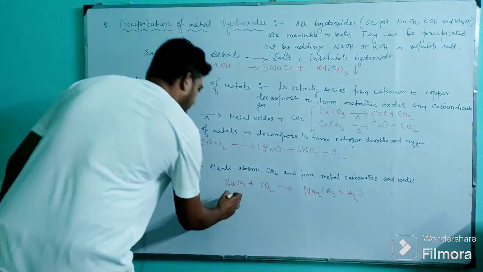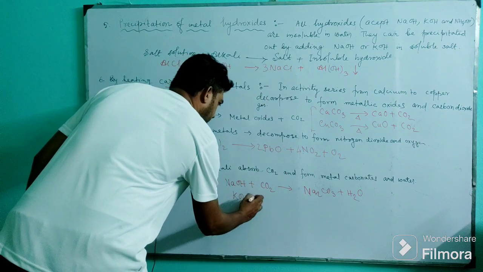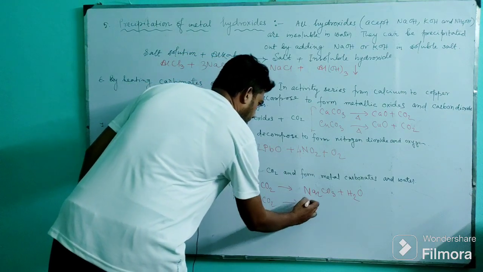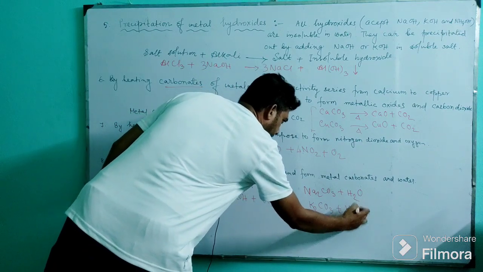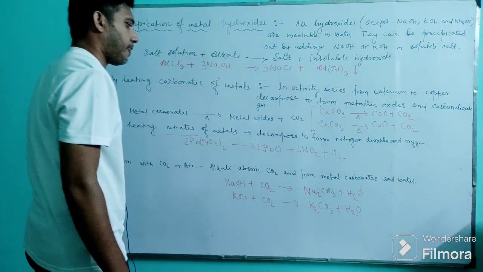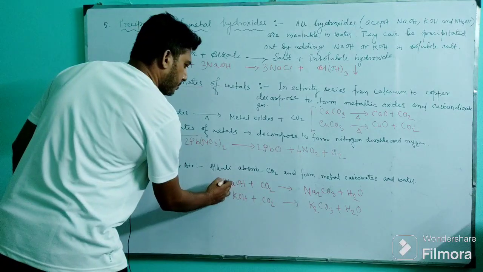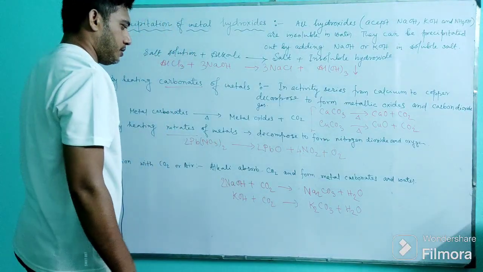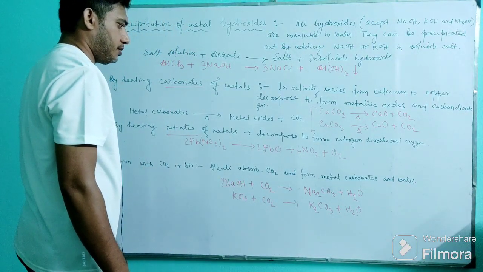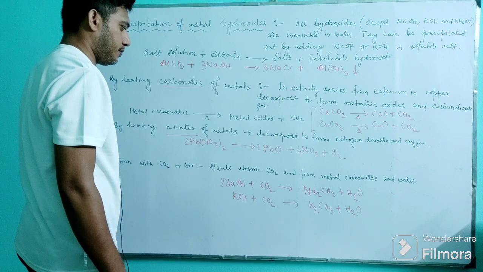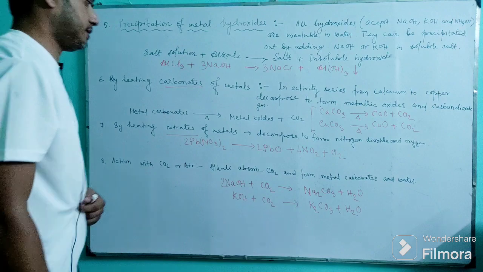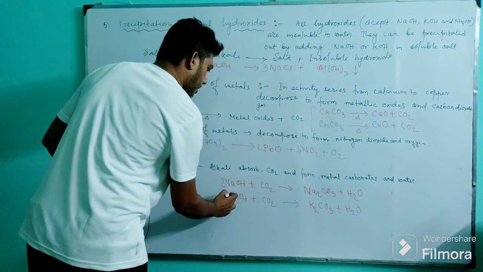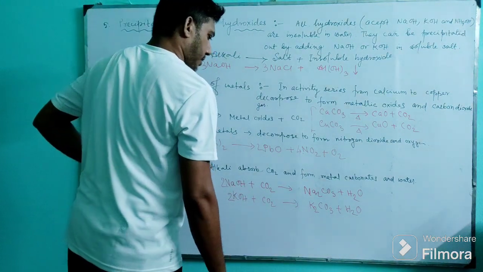You can take another example also, KOH plus CO2 gives K2CO3 plus H2O. Now check the balance: K is 2, carbon is 1, oxygen is 4. Now it's okay.